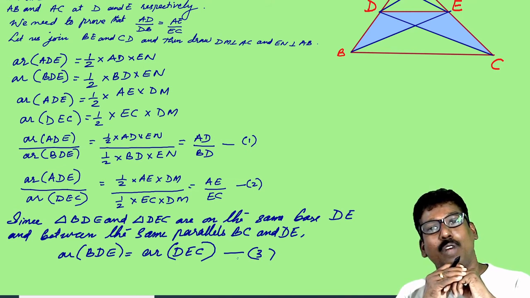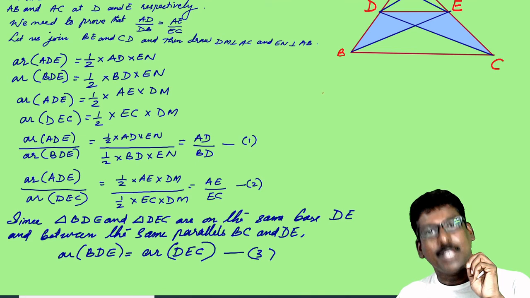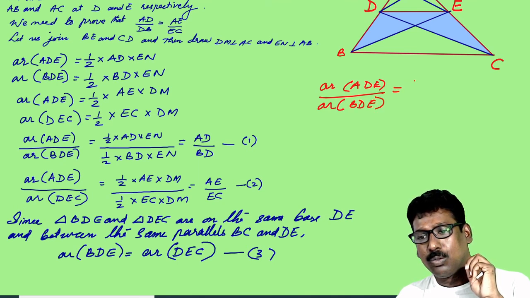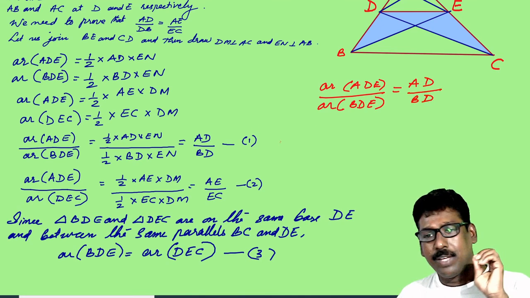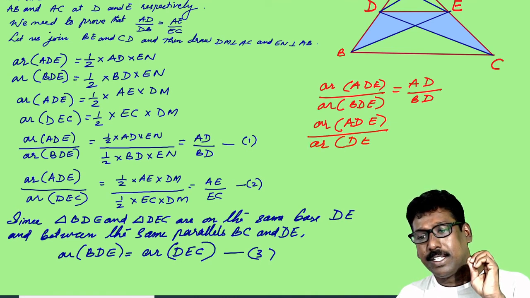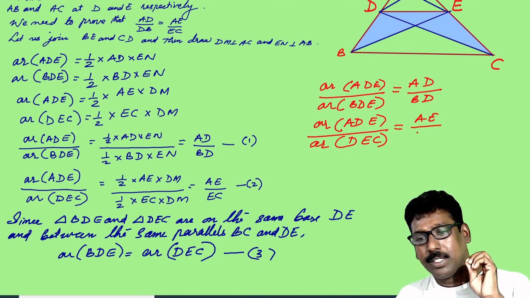Now look at equations 1, 2 and 3. Area of triangle ADE by area of triangle BDE is equal to AD by BD. This is the first equation, and the second equation is area of triangle ADE by area of triangle DEC, which is equal to AE by EC.